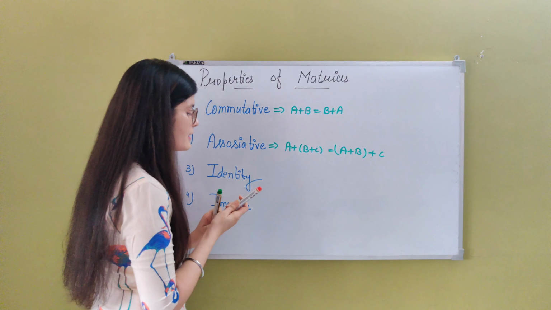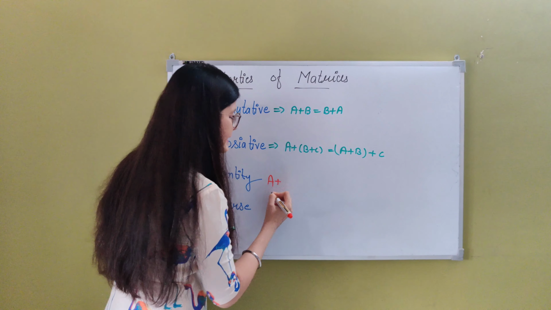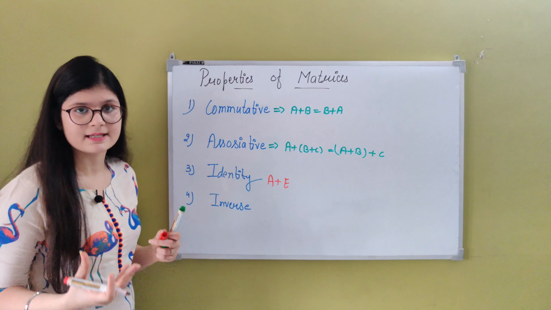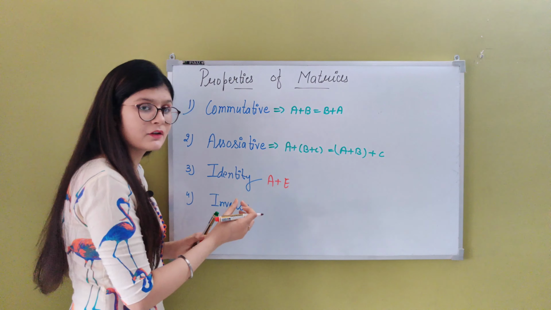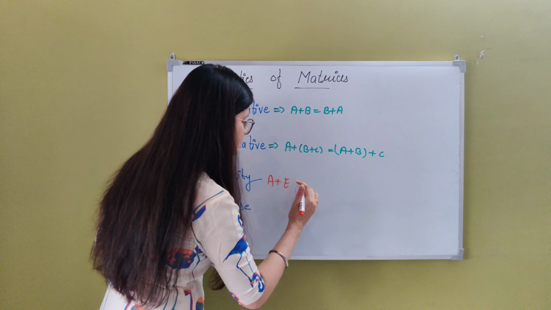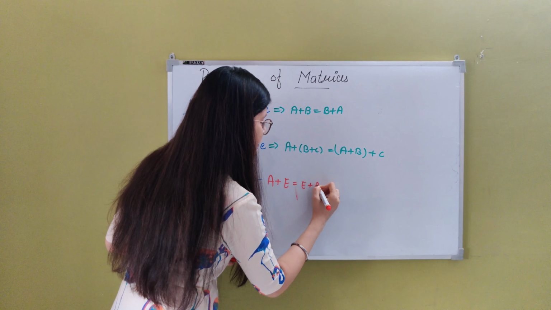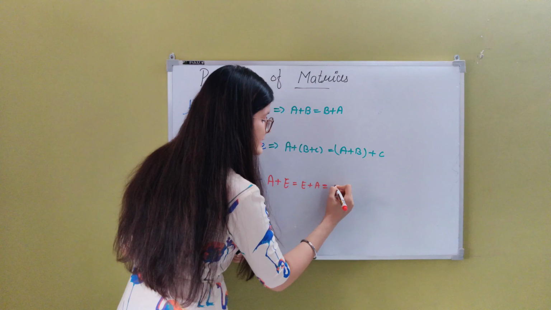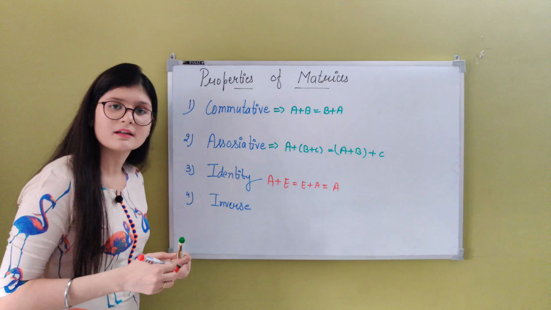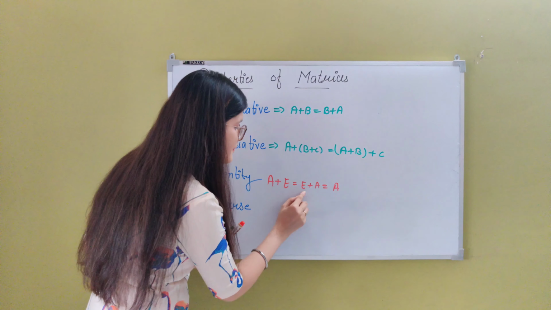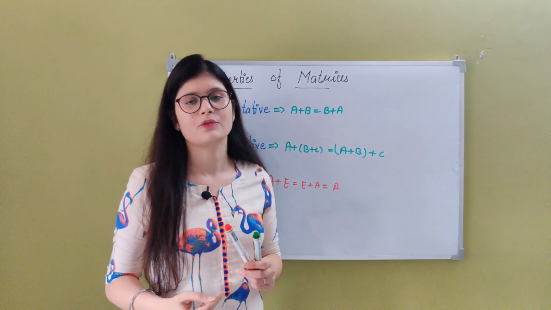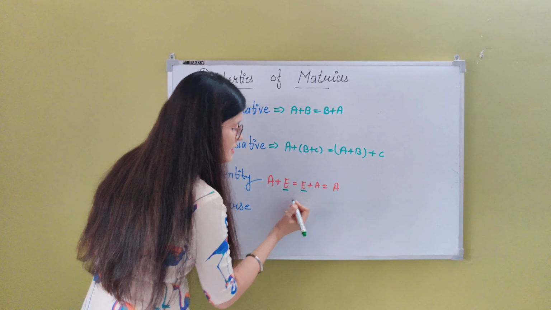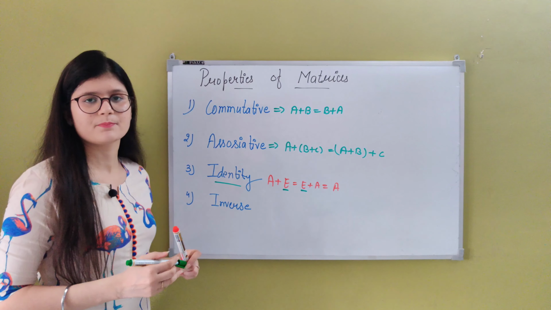Additive identity means, I'll take it as E. If you add E to a matrix, either from the right or from the left, and you get the same matrix again, then this E is known as the identity matrix.